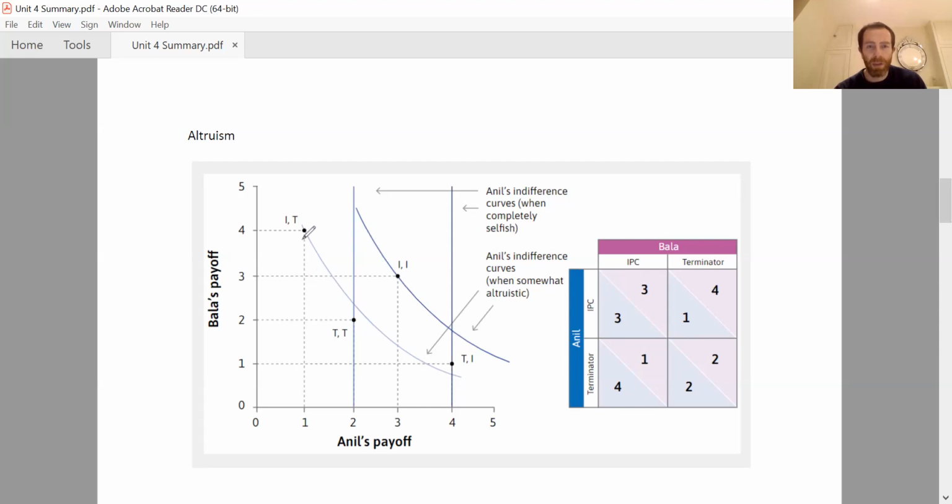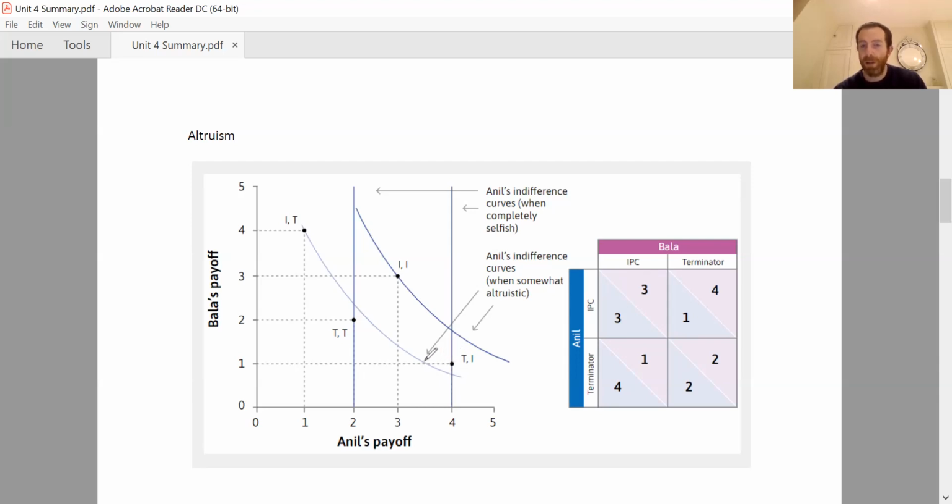And then we can see if there's a mix, Anil will get 1 if he plays the strategy IPC and then Bala plays the strategy T, plays Terminator. And then our final one is just the reverse of that.